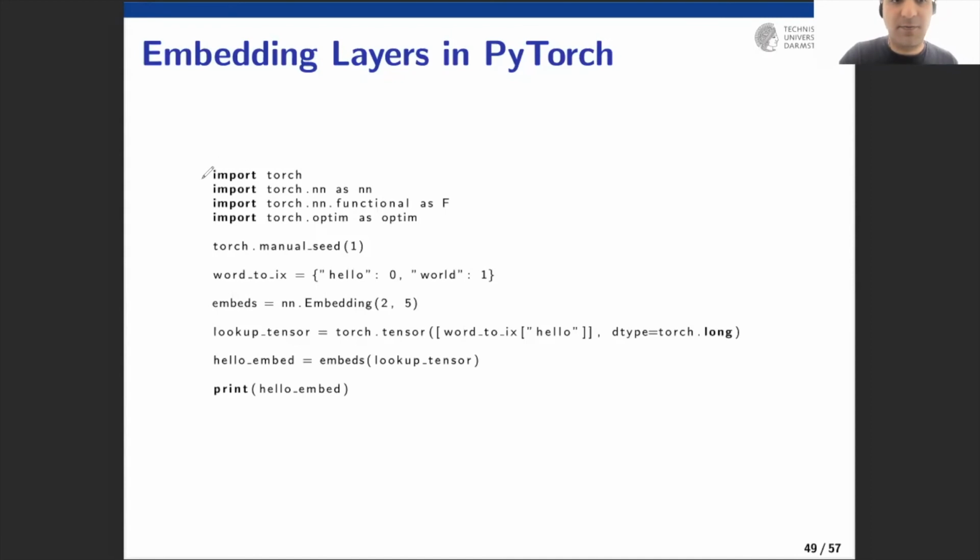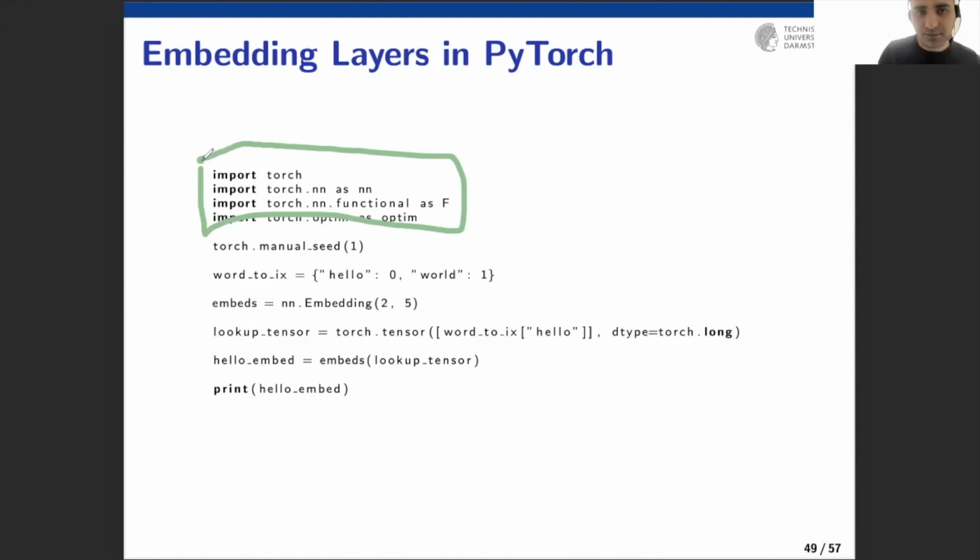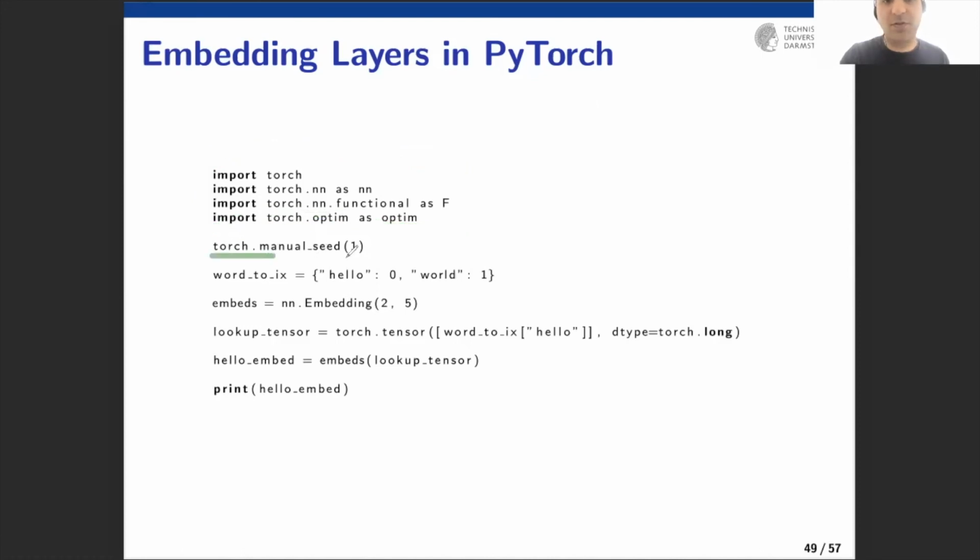First of all, the top part imports all the primary packages that we need in PyTorch to define a neural model and train it. So we have Torch, we have Torch neural net that contains neural net packages, and then we also have functional, which contains some functions, and we have the optimization package, which contains stochastic gradient based optimization methods.